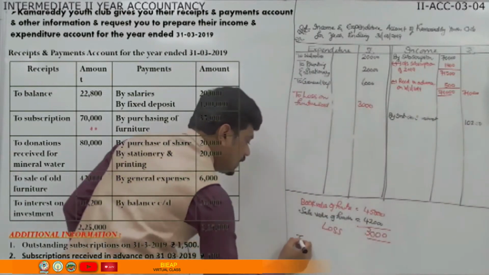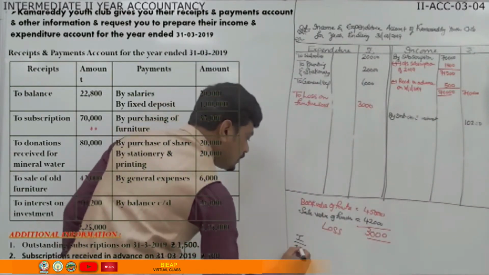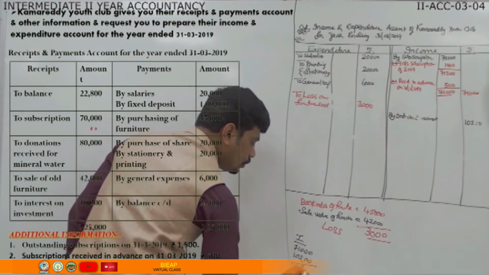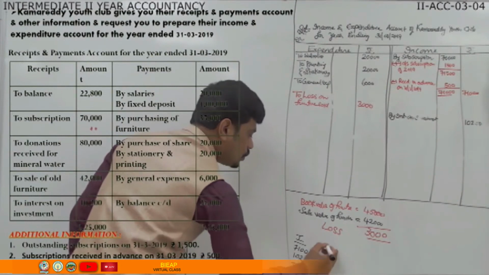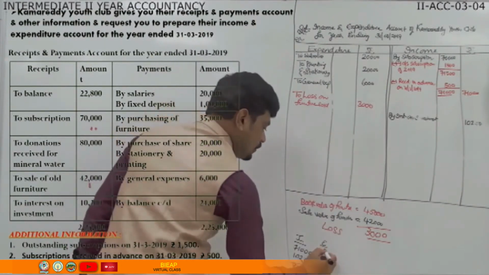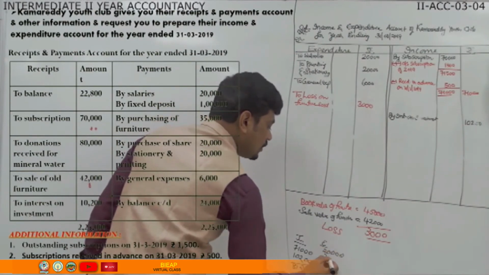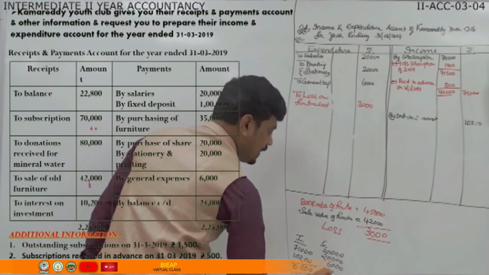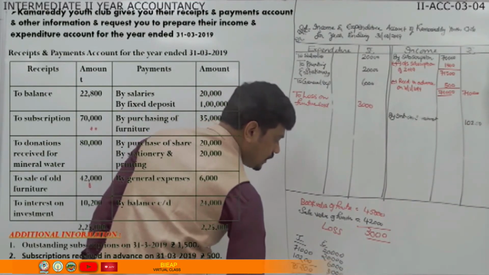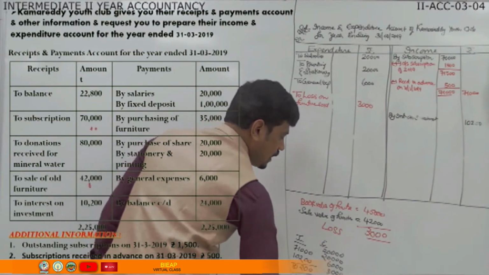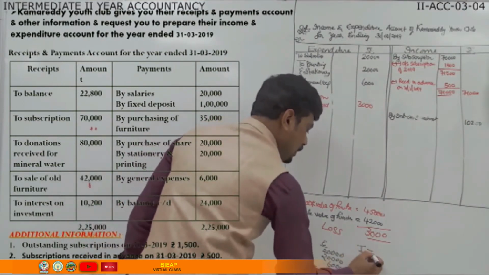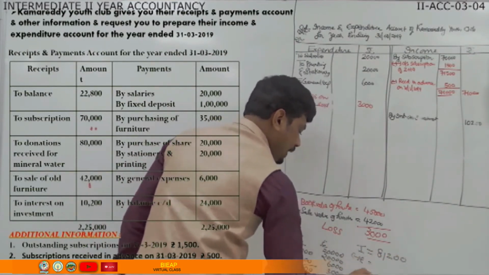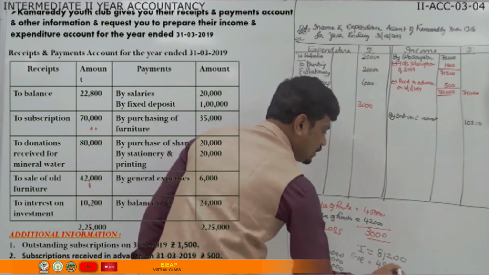Now working notes again. So again, income side: 71,000 plus 10,200, so total is 81,200. Expenditure: 20,000, 20,000, 6,000 and 3,000, so total 49,000. Again income is more. So income 81,200 minus expenditure 49,000.